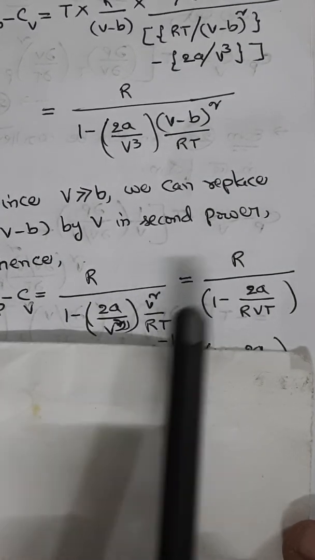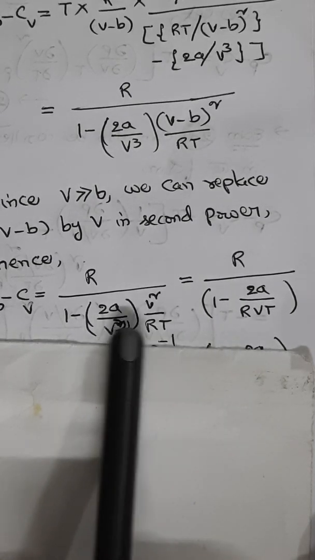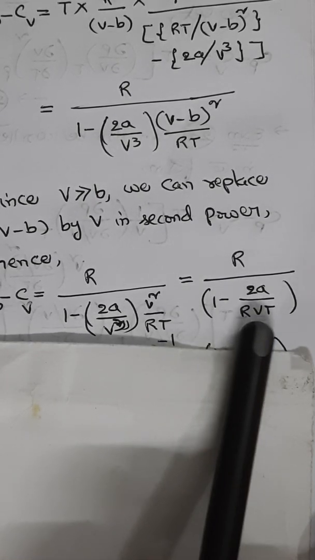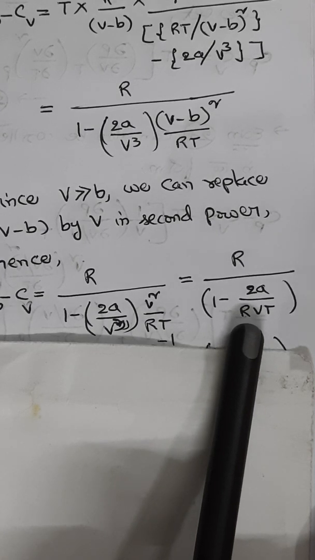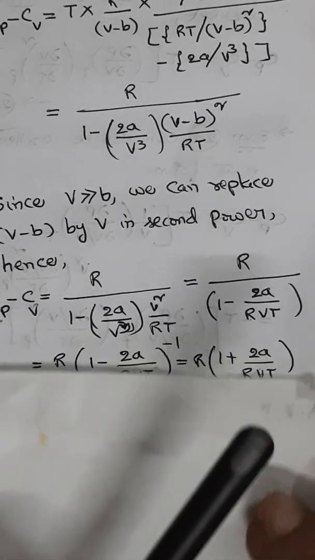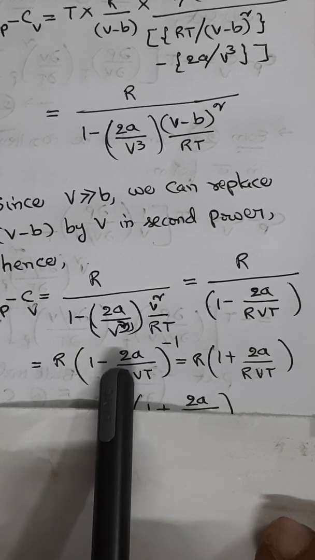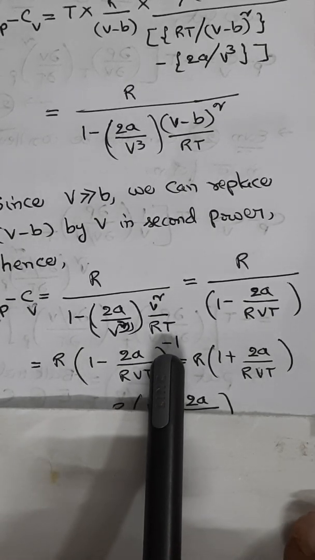So when you simplify, it becomes 1 minus 2A by RVT. So you can bring it to the numerator. Therefore it will be R into (1 minus 2A by RVT) whole power minus 1.